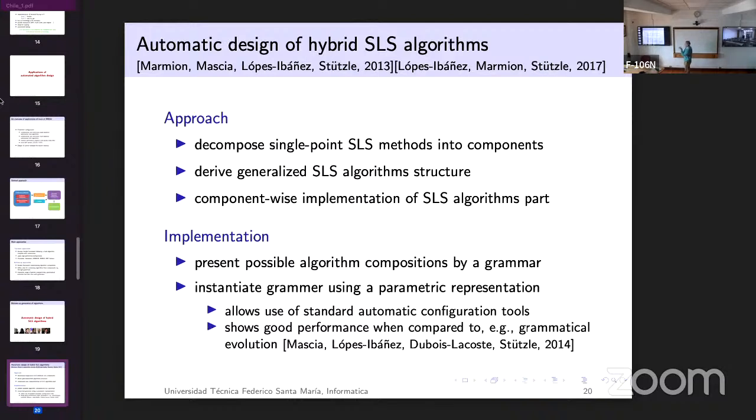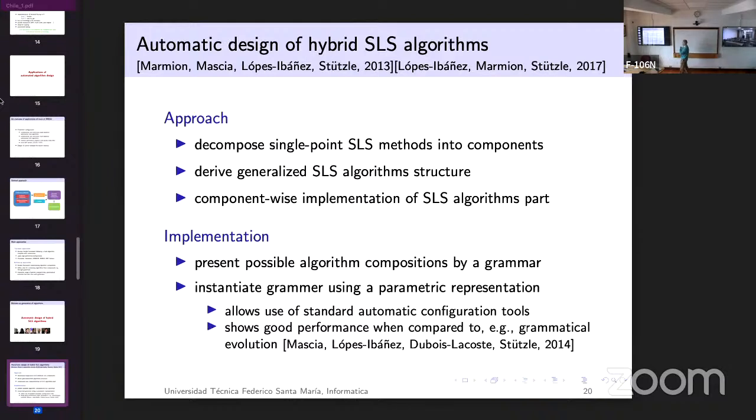You instantiate the grammar using a parametric representation, and this allows you to use the standard automatic configuration tools. You can use iRace, MACD, whatever. And it shows very good performance when compared, for example, to grammatical evolution.